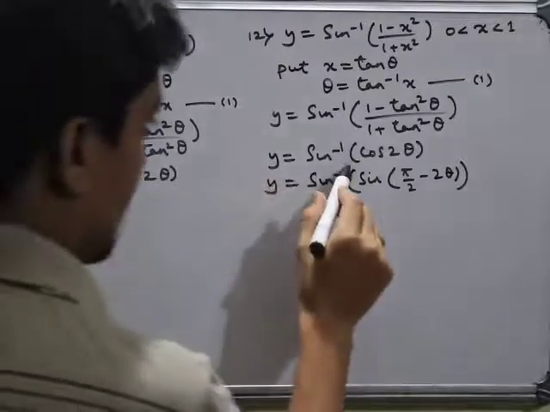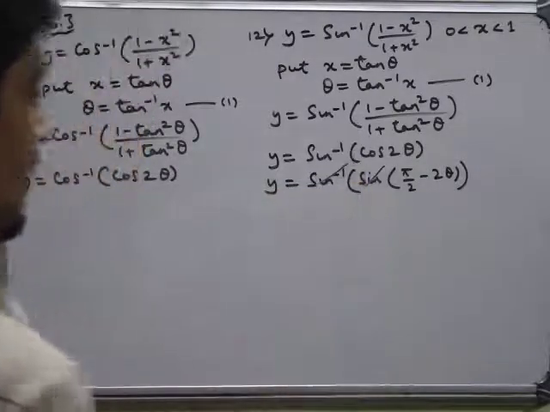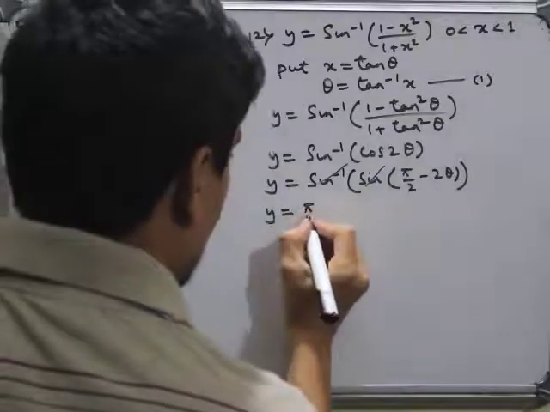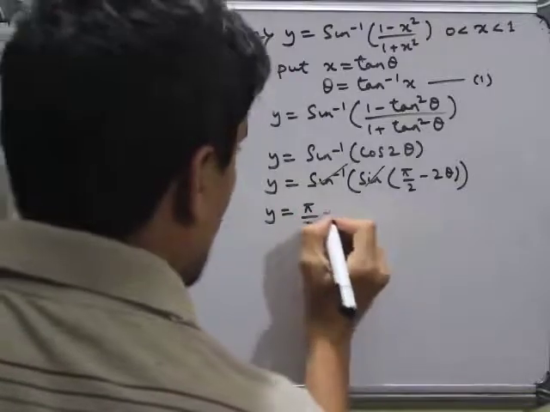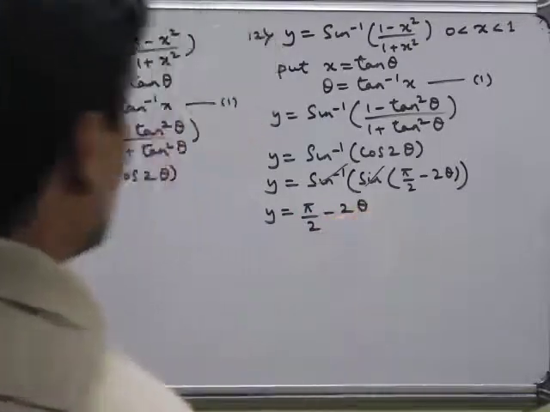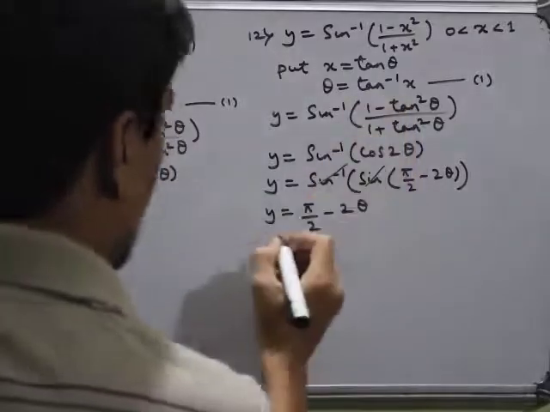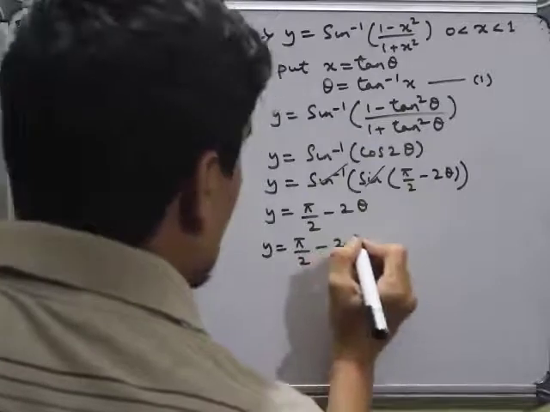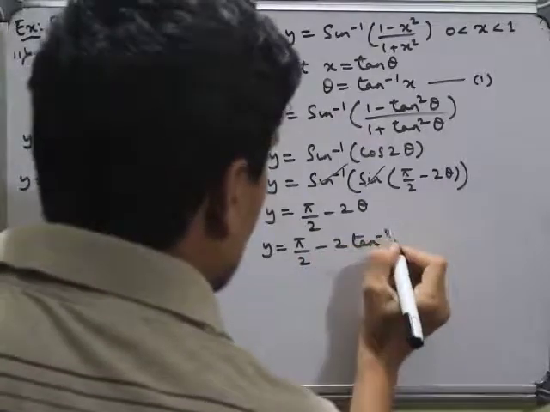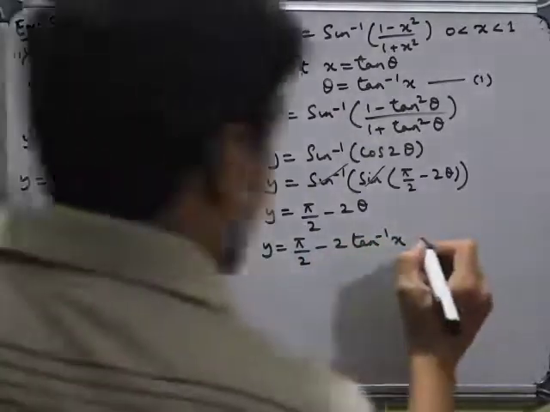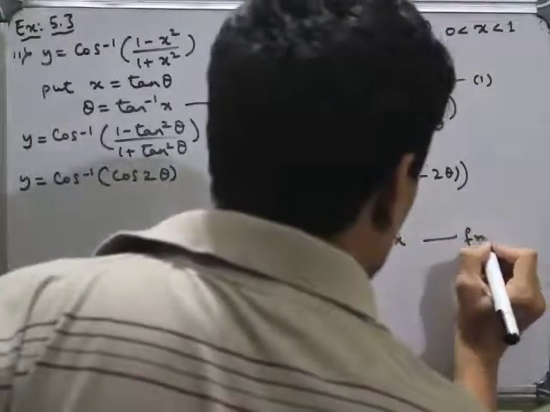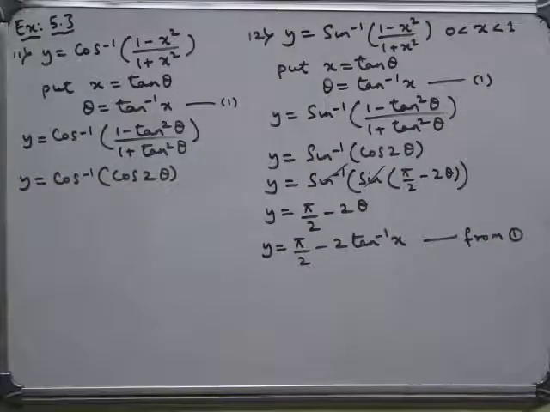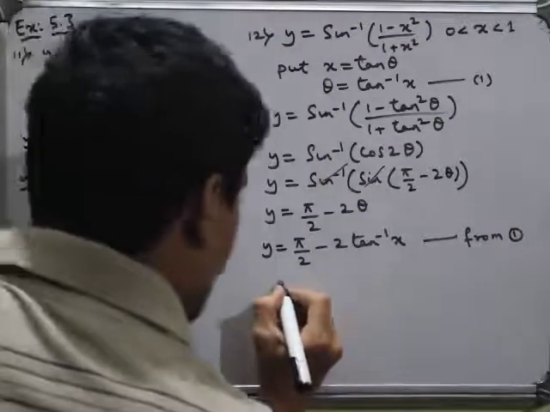Now sin inverse and sin will get cancelled. Your differentiating function will be y is equal to pi by 2 minus 2 theta. And substitute the value of theta. y is equal to pi by 2 minus 2 tan inverse x. This we got from equation number 1. Now differentiate with respect to x.